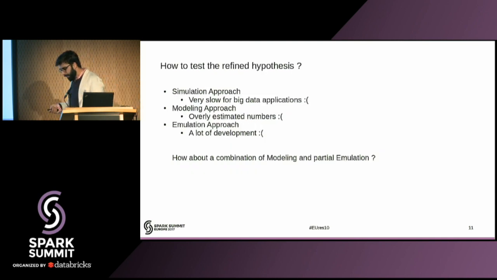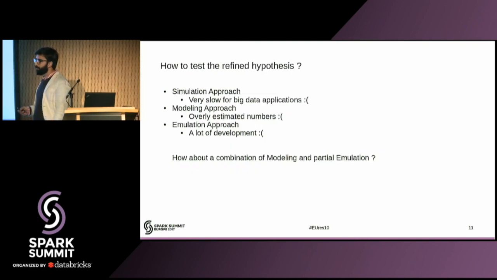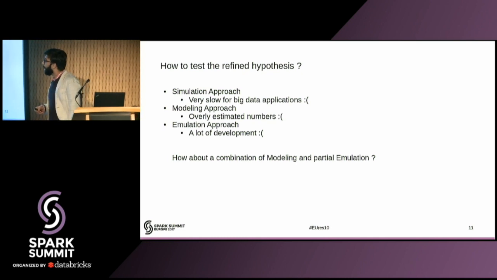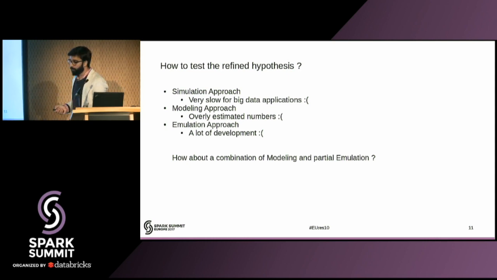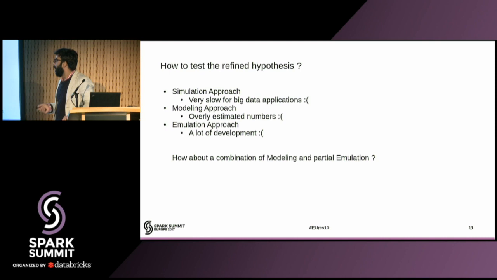But this is still a bit of a refined hypothesis, and the question is how we can test it. One approach is simulation. Whatever simulator you take, whether it is Gem5 or some other simulator, generally they are quite slow. And when it comes to big data applications, you need to conduct these experiments on a large amount of data, because the characteristics vary a lot between smaller and larger data sets.